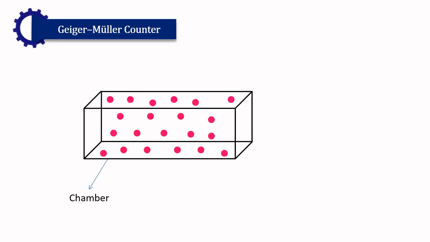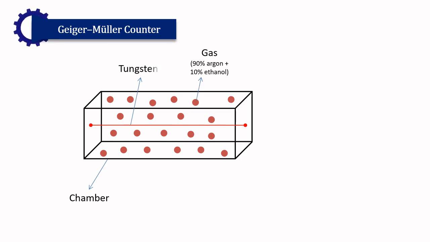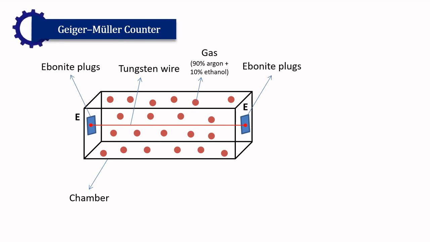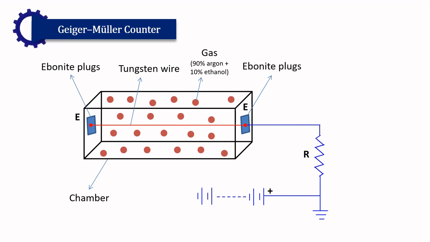A tungsten wire is stretched along the axis of the Geiger tube, and it is insulated from the metal chamber by ebonite plugs. Here, this tungsten wire acts as an anode. The tungsten wire is connected to the positive terminal of the high tension battery through a resistor, and the negative terminal of the battery is connected to the metal chamber.